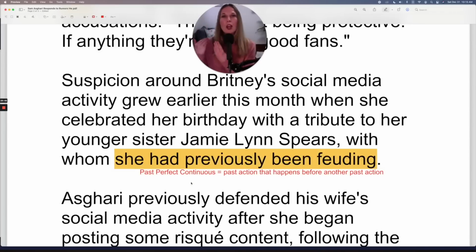Feud is another way of saying fighting. Perhaps you don't know this, so let me point this out. It's not as common. So honestly, I would stick with the word fighting. It's way more commonly used than feuding, but it means the same thing. Feuding, fighting. So she and her sister had a fight.